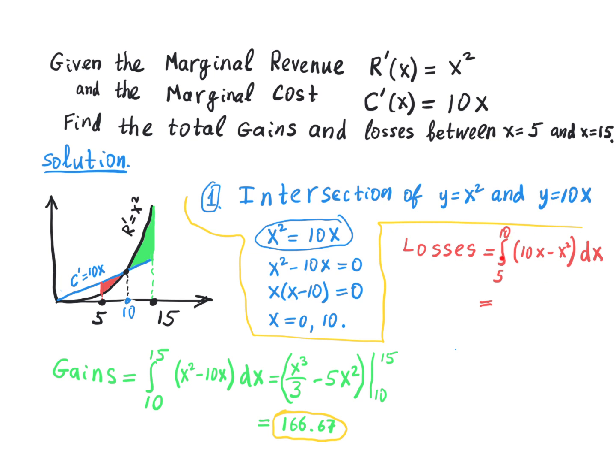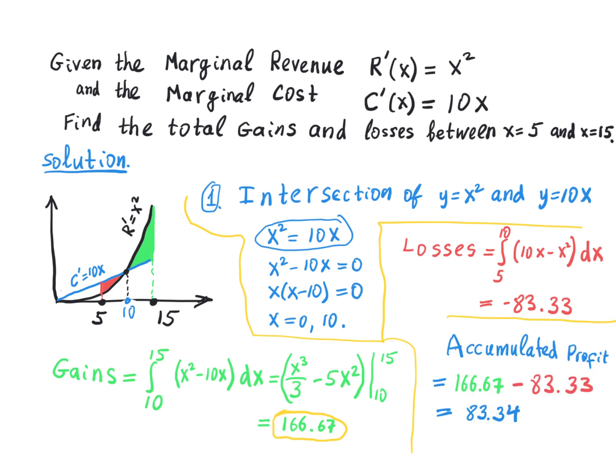So in our integral, inside we have the marginal cost, 10x, minus the marginal revenue, x squared. Plugging this into the calculator, the value of this definite integral is minus 83.33. So our losses are $83.33.